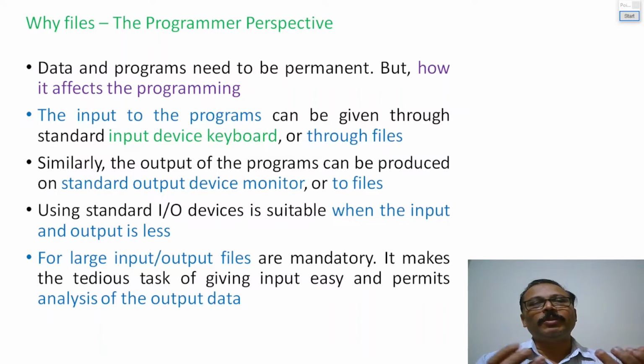Whenever you run the program, it asks for the input. If you have 5 data items to be supplied, you can type them using the keyboard, and your program uses them and may produce output, maybe 1, 5 or 10 data items. The values of those data items are displayed on the screen. So everything is fine.